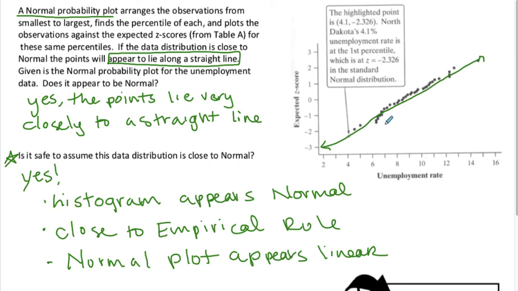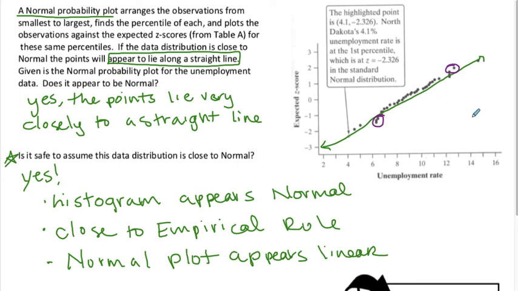Okay, if this was the normal plot, this is not taking on a straight line. This has too much variation to say that this would be an approximately normal distribution. It's too far off from that linear expectation that we have if we have a normal distribution.